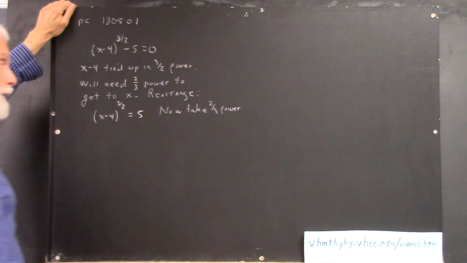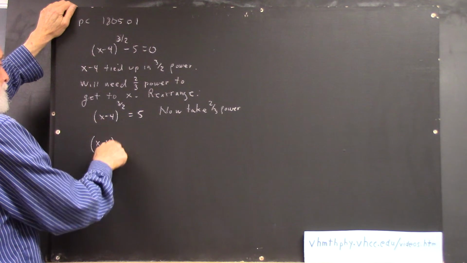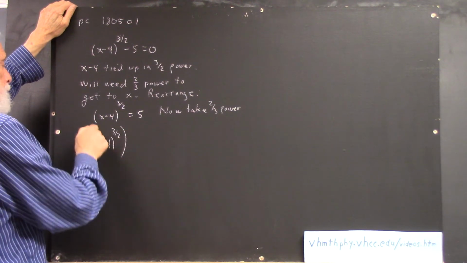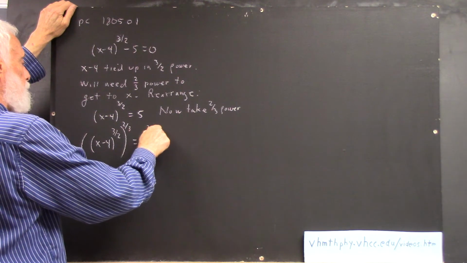We rearrange it, we take the 2/3 power. So we have x minus 4 to the 3 halves raised to the 2/3 equals 5 raised to the 2/3.